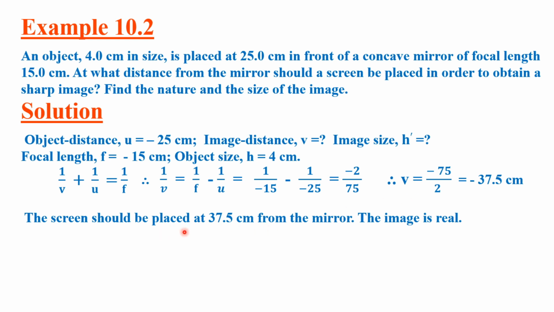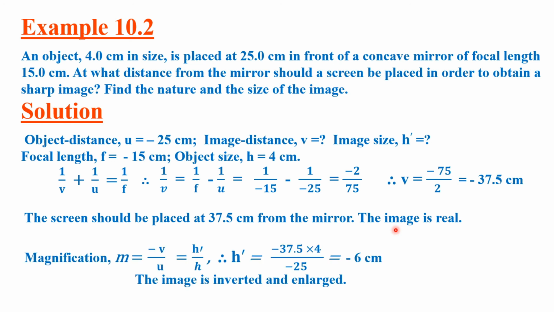The screen should be placed at 37.5 cm from the mirror and the image formed is real because it can be obtained on the screen. It is to the left of the mirror. The magnification has the formula minus V upon U, which is also equal to H dash upon H. Therefore, H dash is equal to minus 6 cm. It indicates that the image is inverted and enlarged.